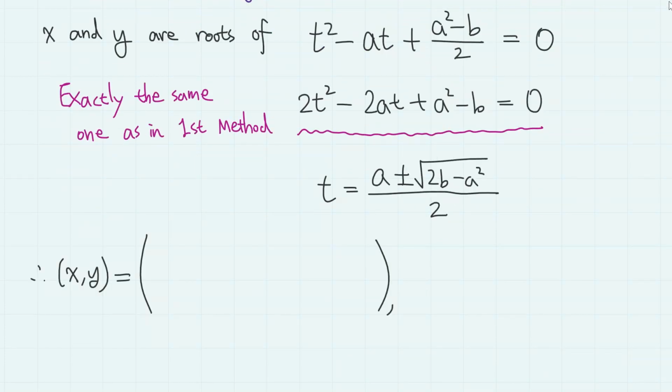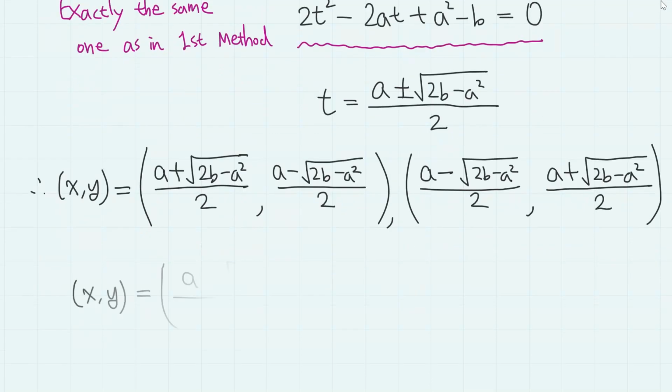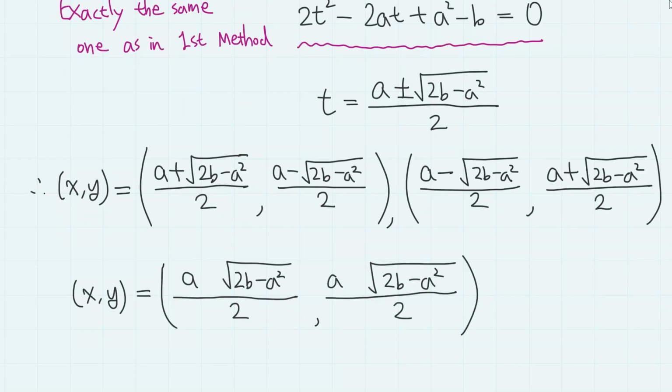Therefore, we know that x is a plus square root of 2b minus a squared over 2, and y is a minus square root of 2b minus a squared over 2. And the one with plus and minus switched. So minus here and plus here. Or you can just write in a combined expression using plus minus here and minus plus here.